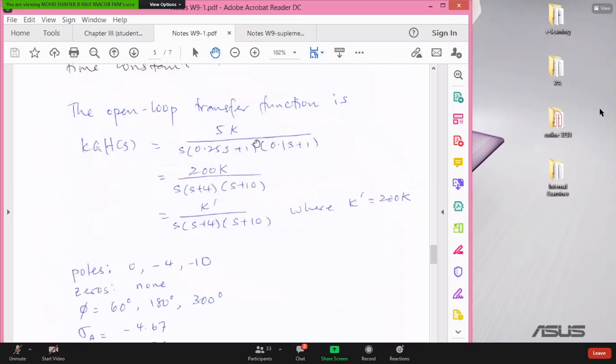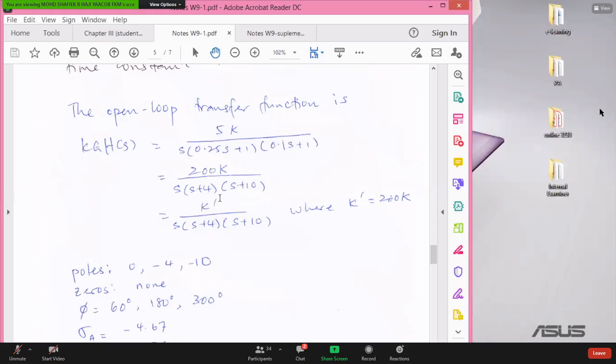And then we need to transform this into zero pole format. You just multiply the numerator by 200 and the denominator by 200, and you get that zero pole format. Now I'm going to replace 200K with K prime to make our life easier when we draw the locus diagram.